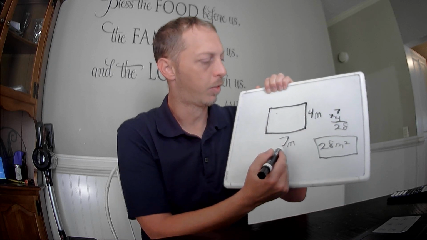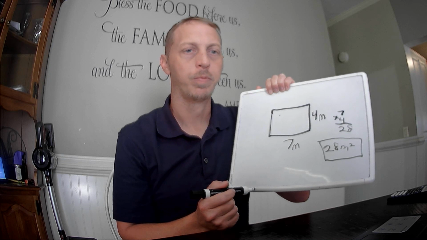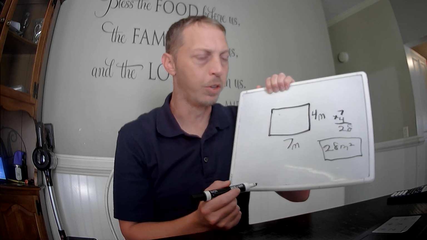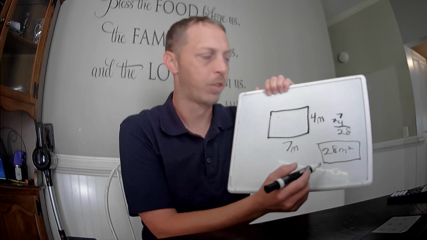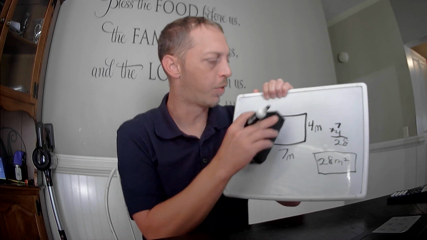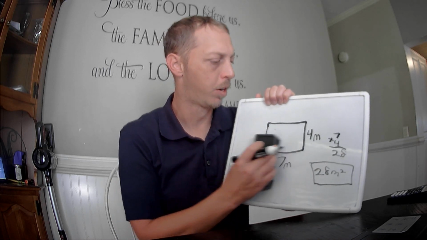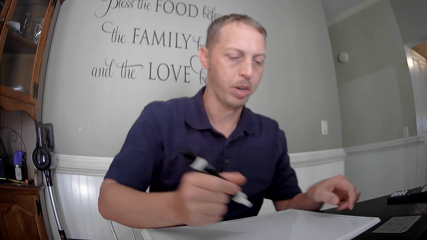You're using length times width. So since you use two measurements, you end up with a measurement squared. So 28 meters squared would be the surface area of this rectangle.